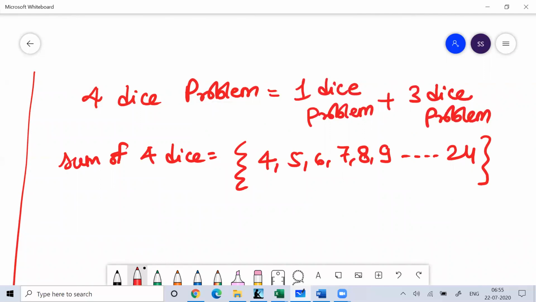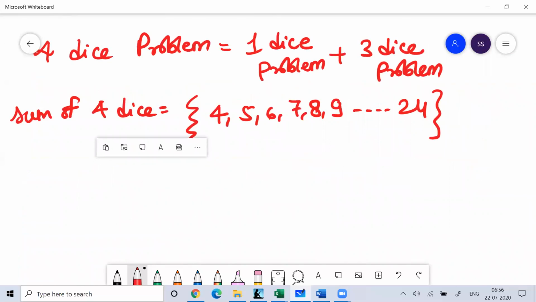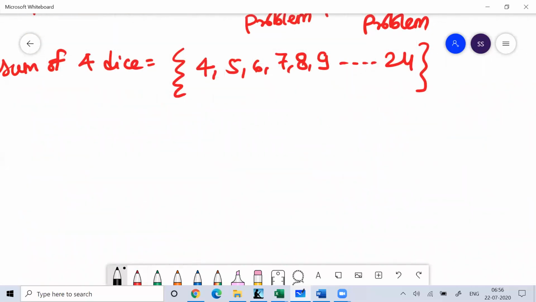So you can manually do that. Three dice I already told you. So 4, 5, 6. If you sit and keep writing the values, you can easily get them. Let's solve one problem for a better understanding.